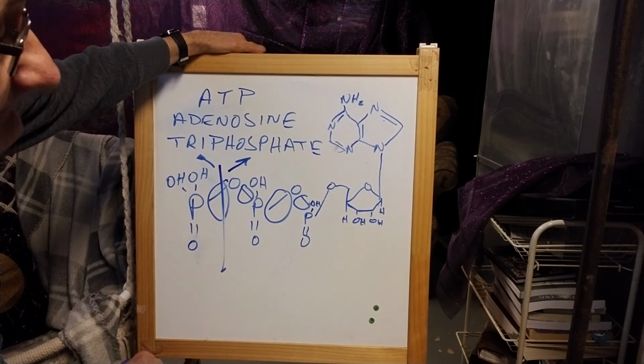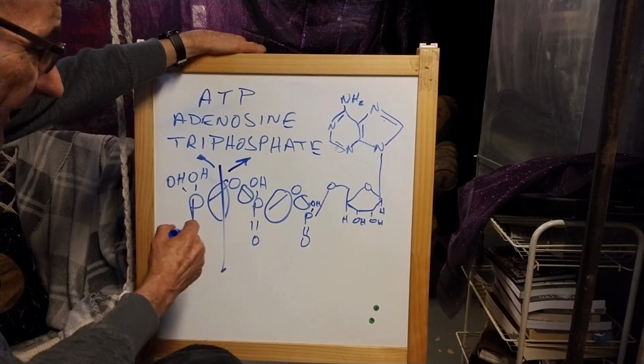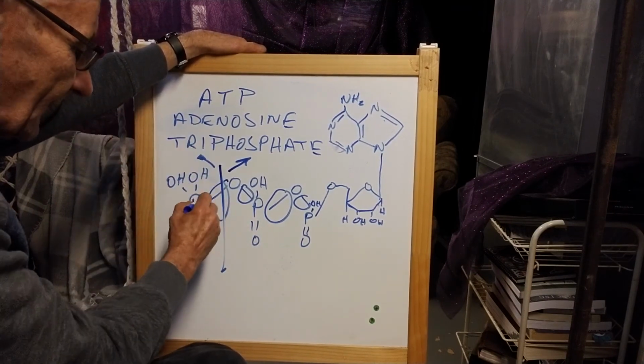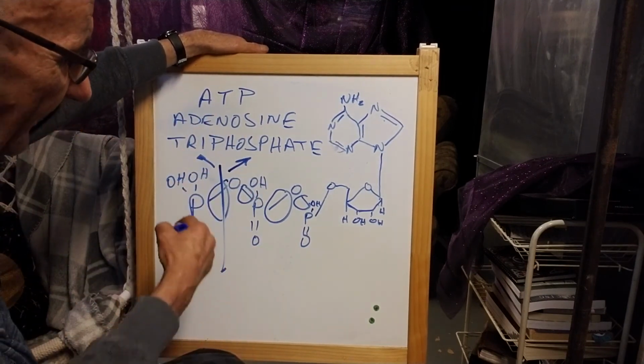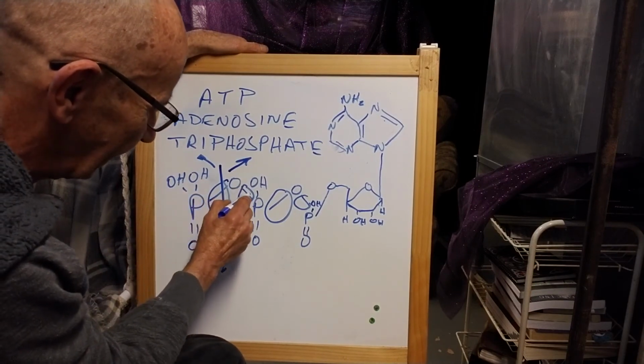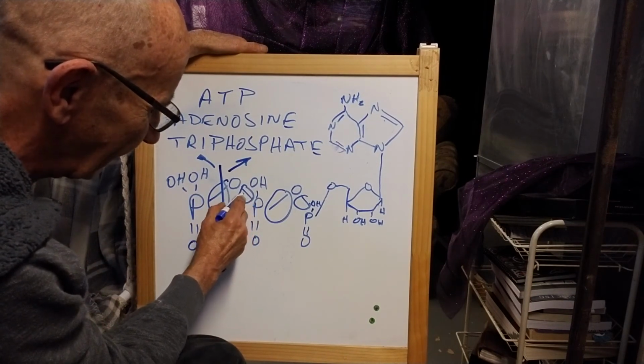I find it amazing. That's why I just want to emphasize that the main point I want you to take away from this is these bonds between the oxygen and the phosphorus.